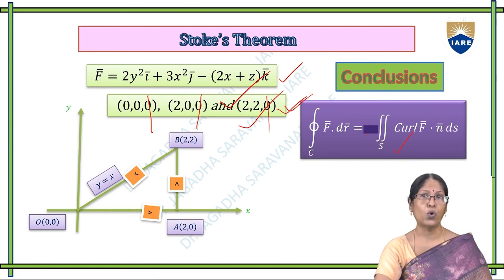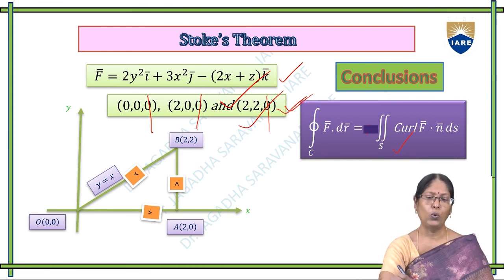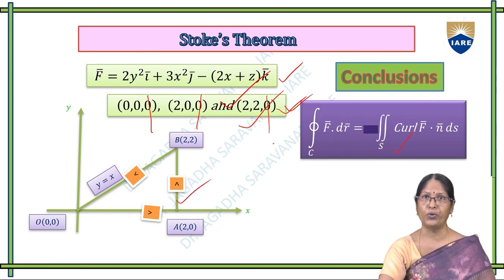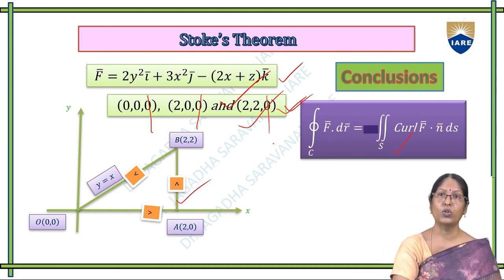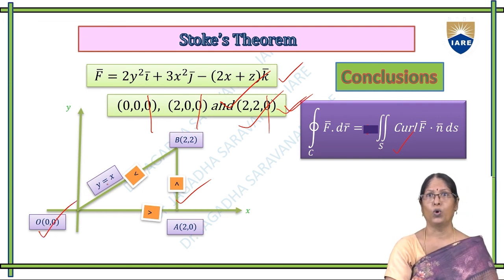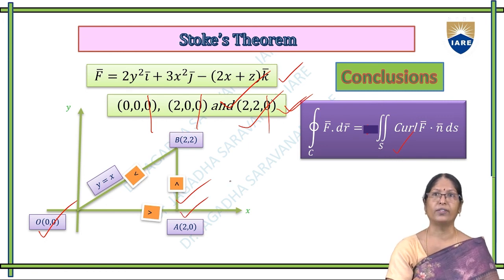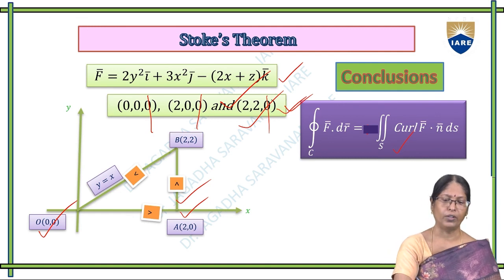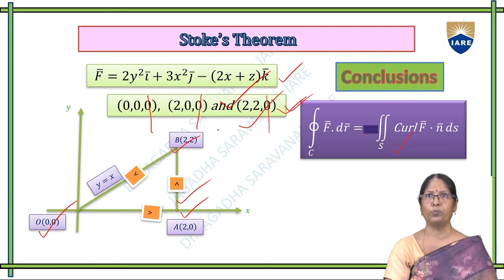Here we have drawn the figure completely, looking at the vertices. This is the figure which is drawn, and here we also notice the directions. This is the point O, which is 0, 0. Here the point is A, 2, 0, and the top one is B, 2, 2.